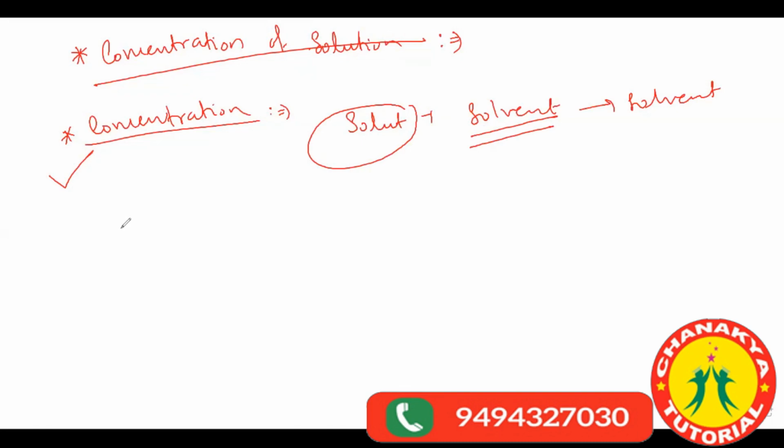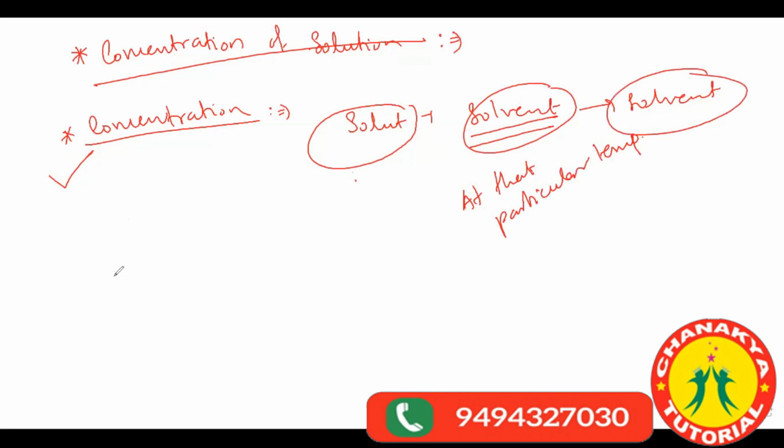Ma'am, could you repeat the definition of concentration? Sure. Concentration is the amount of solute present in the given solution at that particular temperature. It is called the concentration of solution. Sorry, I had written solvent here, but that should be solution.